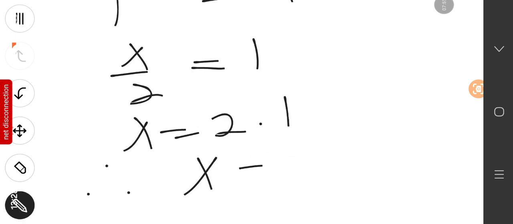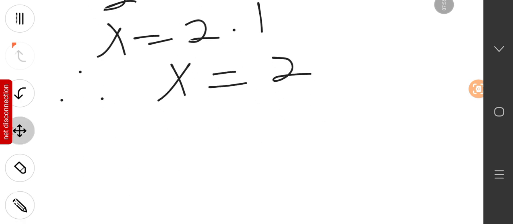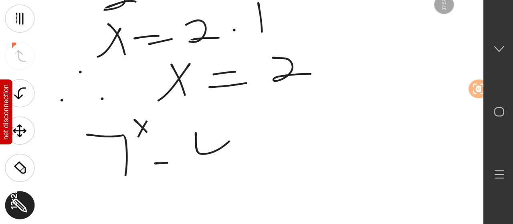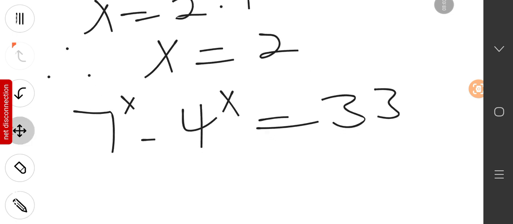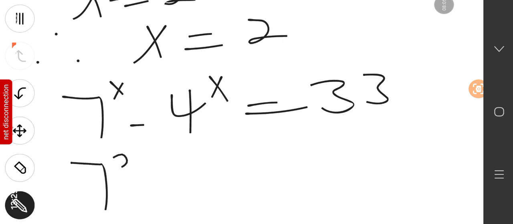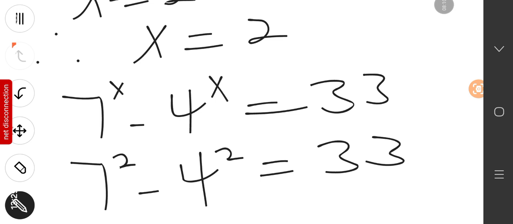Therefore, x equals 2. Now let's check and see if x satisfies the equation. So we have 7 exponent x minus 4 exponent x equals 33. We're going to have 7 squared minus 4 squared equals 33.